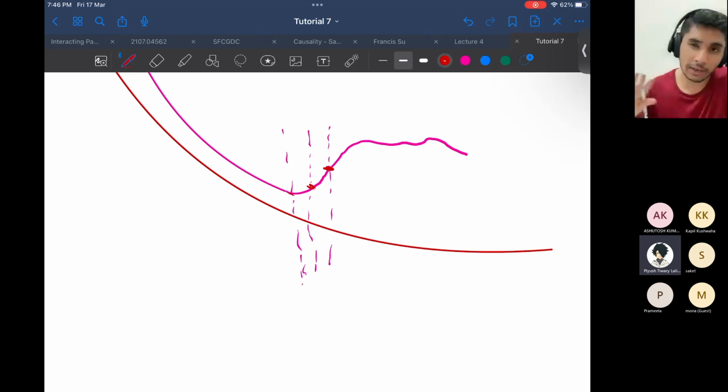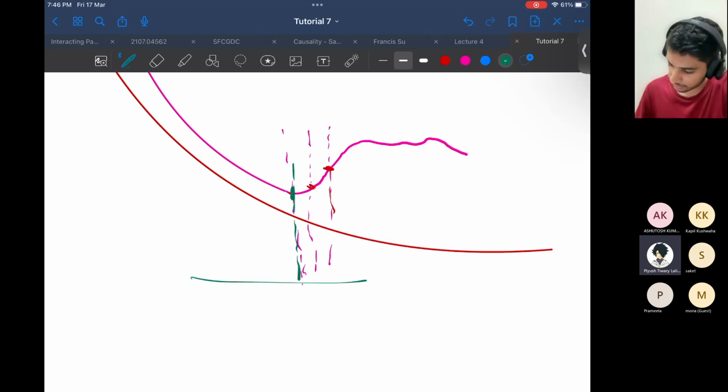Now you say you have waited enough, just end the algorithm. It will take the value of the parameters at this particular point and output that.